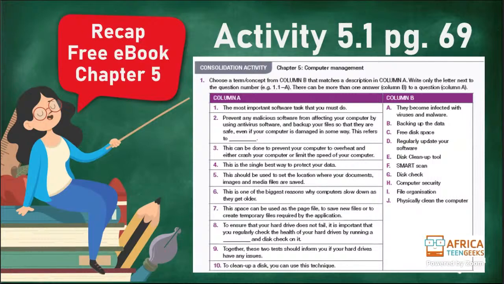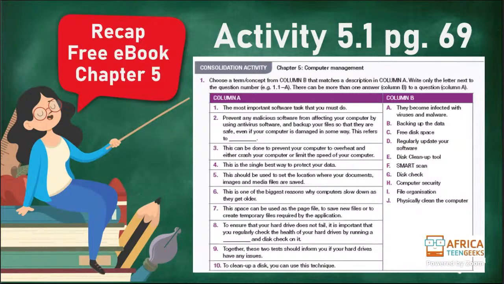That's correct. Because remember, there are some types of virus that replicate files on the computer. They duplicate the files. Let's say if you had 50 gig, if that 50 gig is duplicated, then we have 100 gig, and of that 100, 50 is useless. So viruses, malware, they do that.